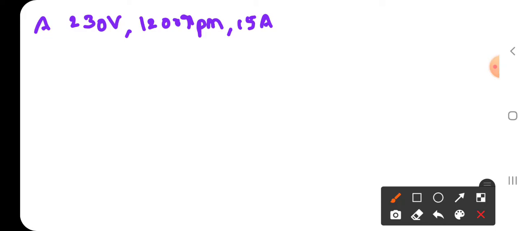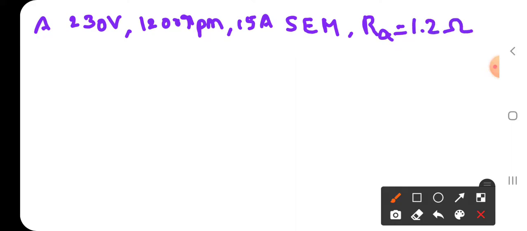Separately excited motor has an armature resistance of 1.2 ohms.